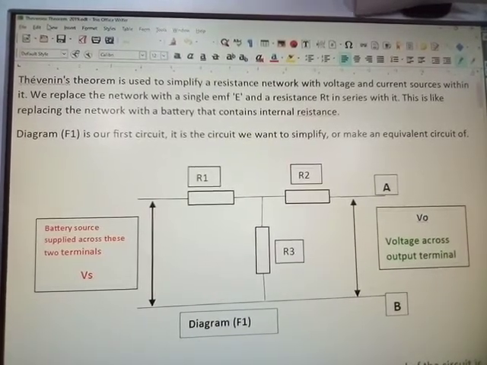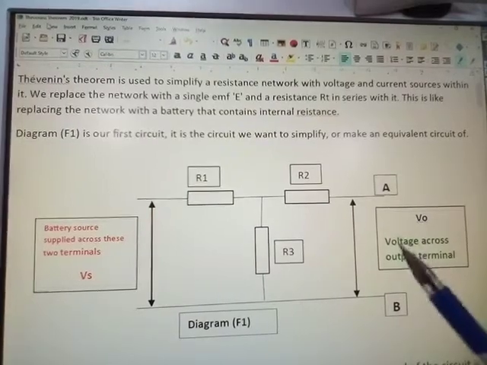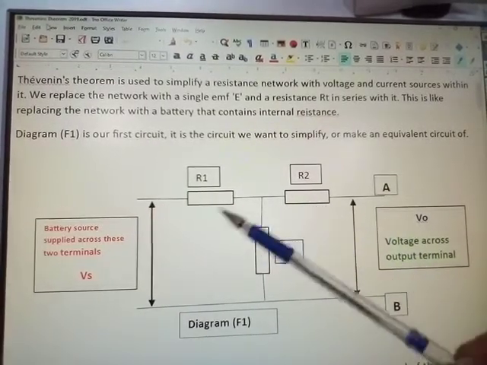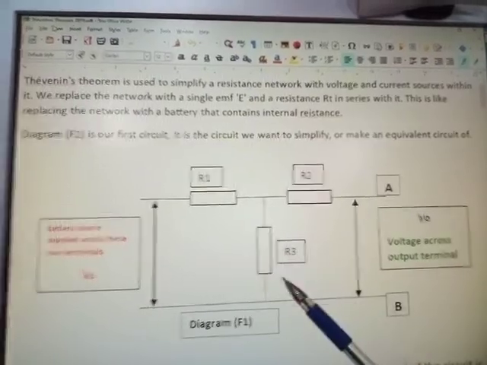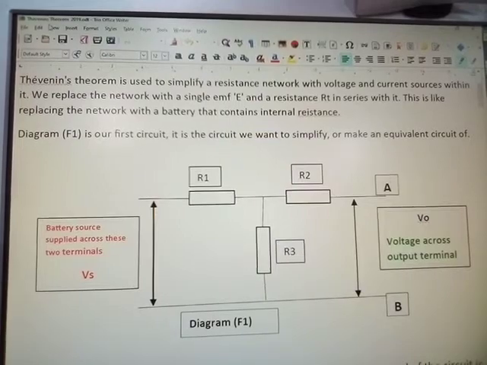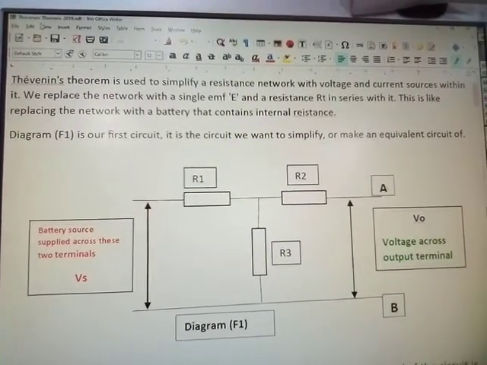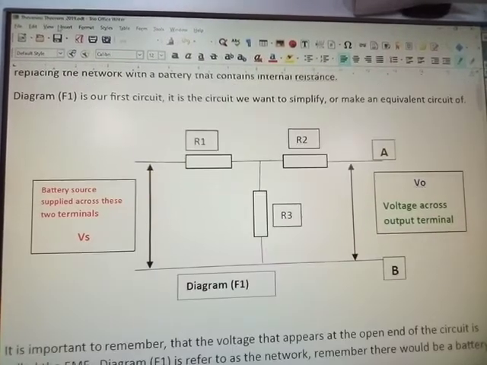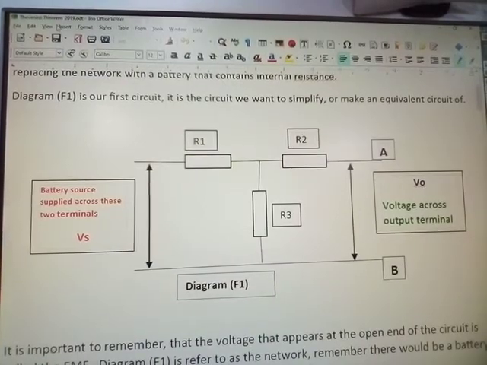We need to simplify a circuit that is in parallel, and if you look at it, R1 could be in parallel with R3. R2 could also be in parallel with R3. But that's just from my perception. It doesn't mean it's right. But let's look at what we need to do to make sure that we get the perceptions correct.